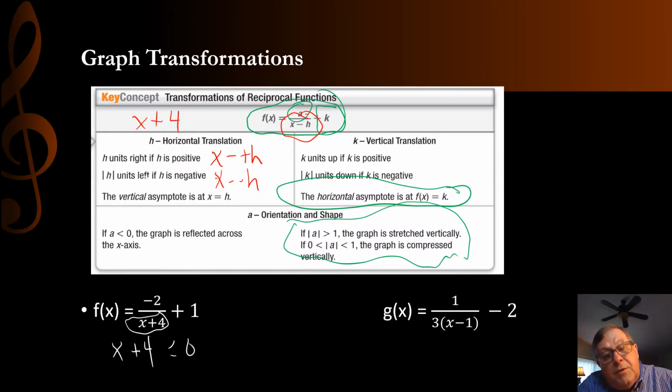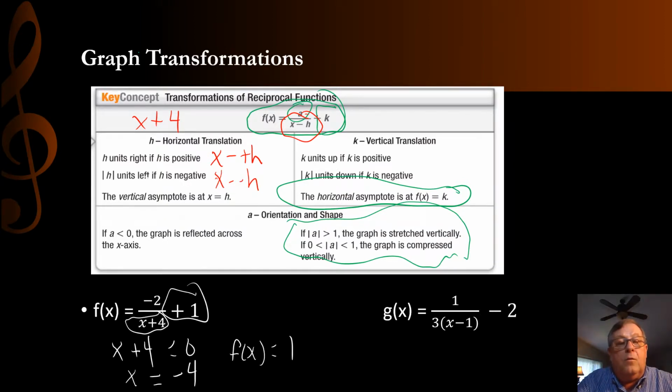And so when we do, we see that we're going to have a vertical asymptote at x equals negative 4. And this plus 1 right here is a vertical shift up by 1, which means our horizontal asymptote is going to equal f of x equals 1, or y equals 1.